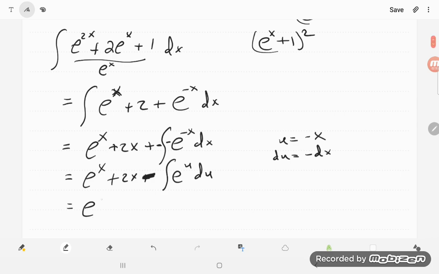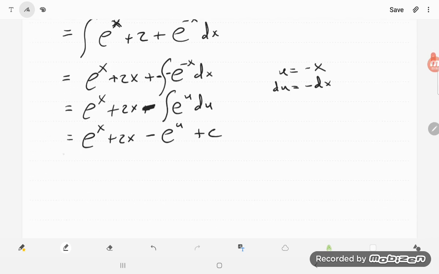And so that's e to the x plus 2x minus e to the u plus an arbitrary constant, which is e to the x plus 2x minus e to the minus x plus an arbitrary constant.